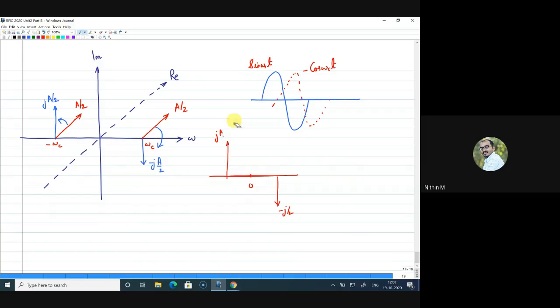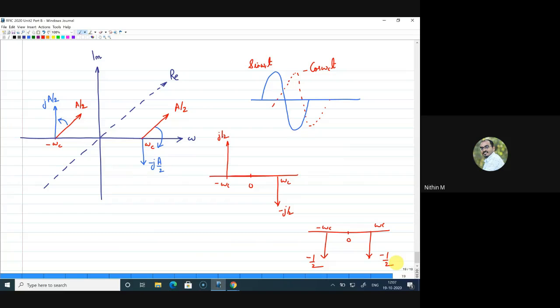Now I have taken 1, so I'll just write this as j by 2. Now your result here is minus cosine. That means at minus omega c and omega c, I'll get an amplitude of minus 1 by 2.